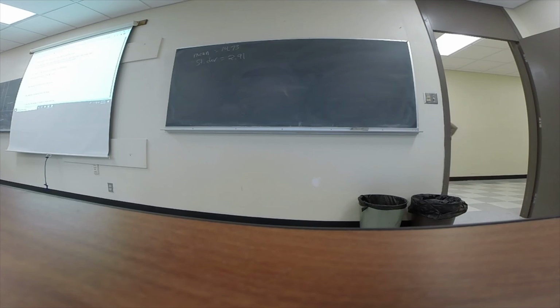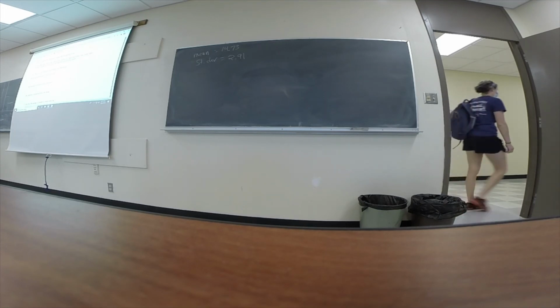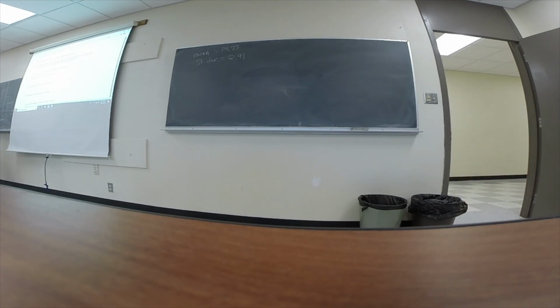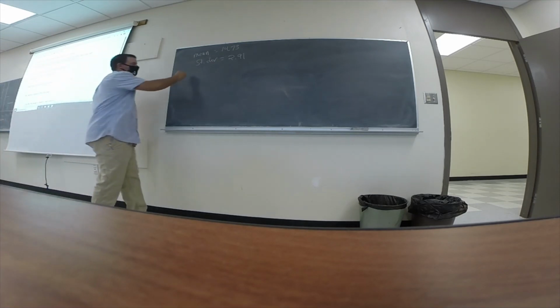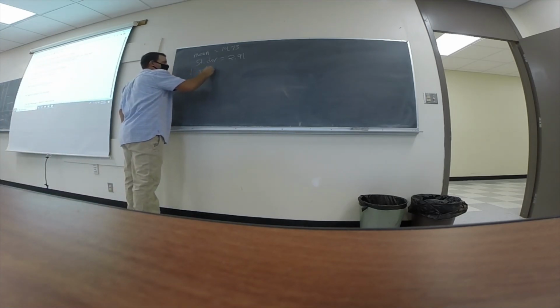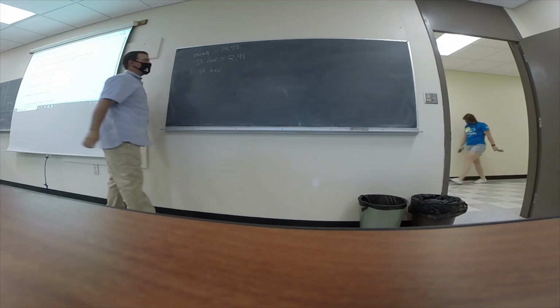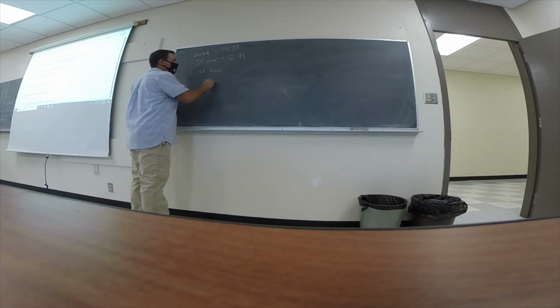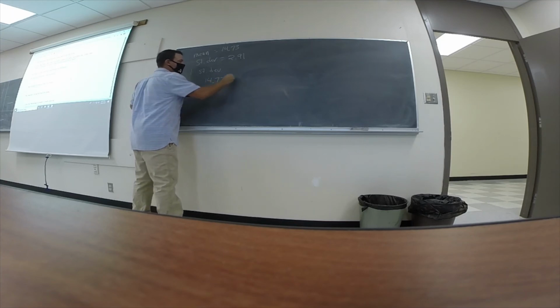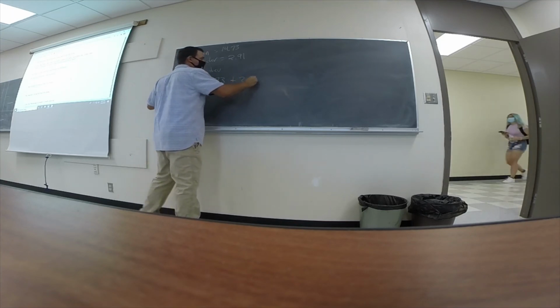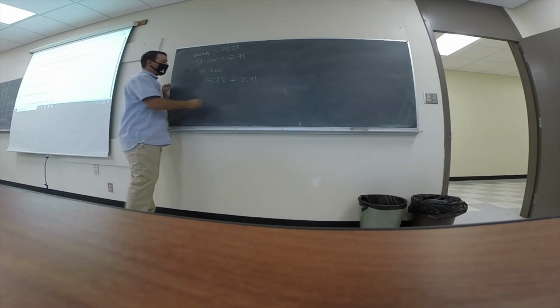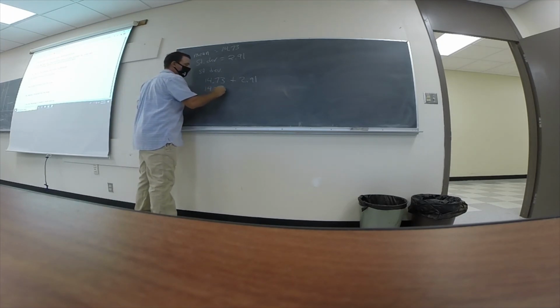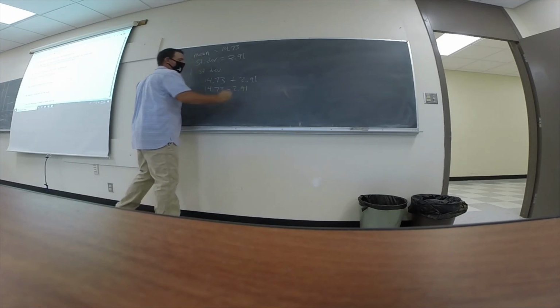B says construct the intervals that define the following: 1 standard deviation from the mean, 2 from the mean, and 3 from the mean. So, 1 standard deviation from the mean. We're going to look at it on both sides. So our mean here is 14.73. So I'm going to add 1 standard deviation to it, which is 2.91. And I'm also going to subtract 1 standard deviation from it.